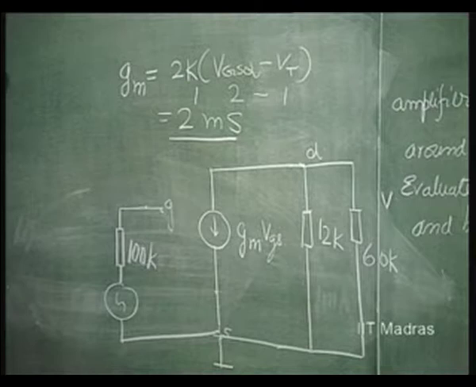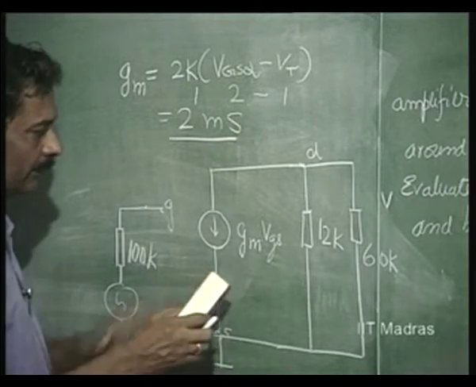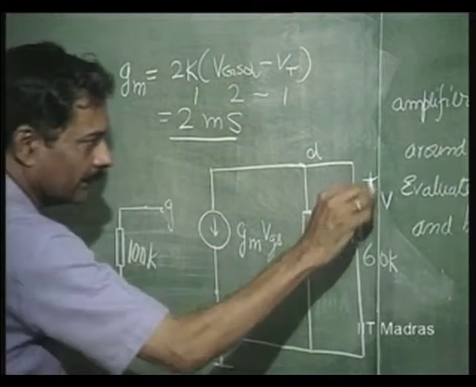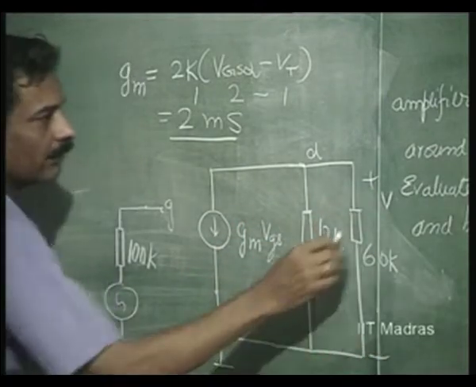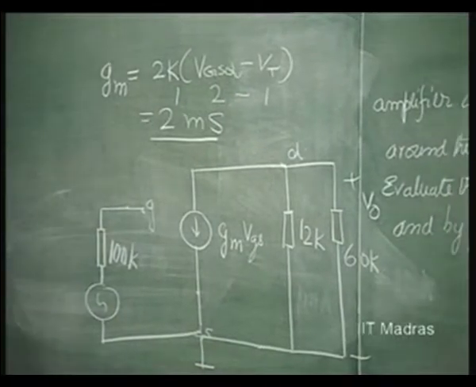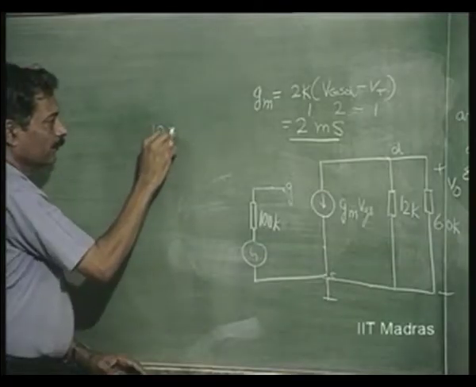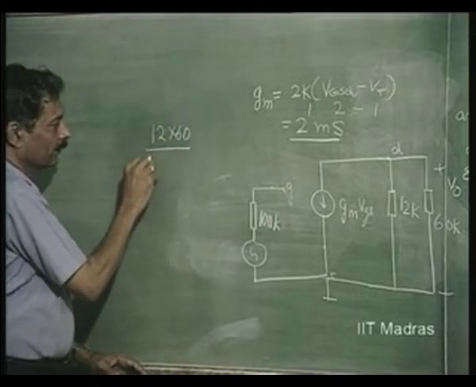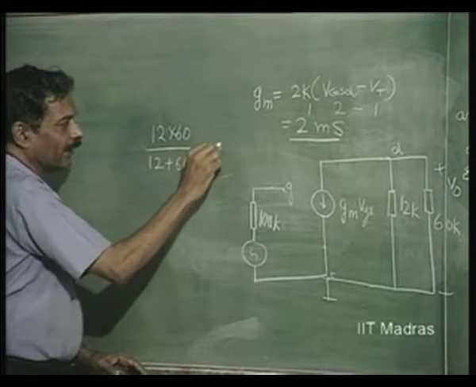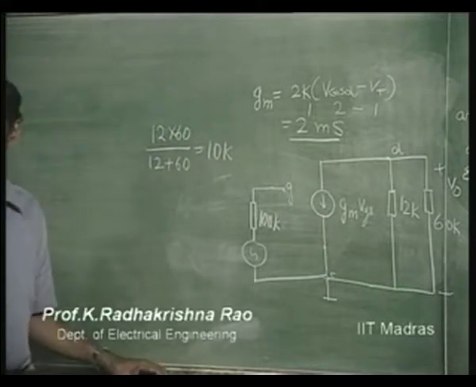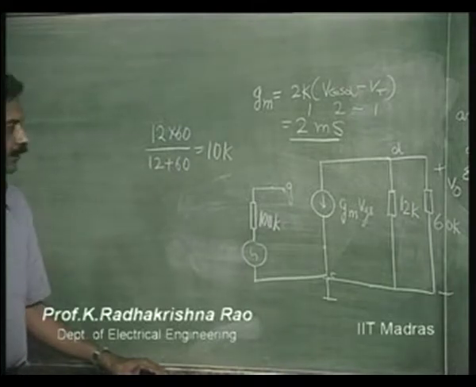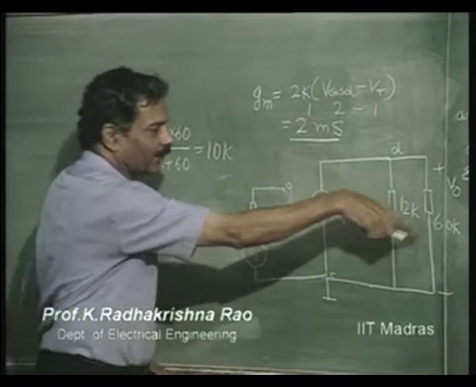So we have this kind of output. What will be the output voltage here? V naught, 12K parallel 60K, which is anyway known to us, that was 10K. We wanted to make it equal to 10K earlier. That is how we selected the value of RL.